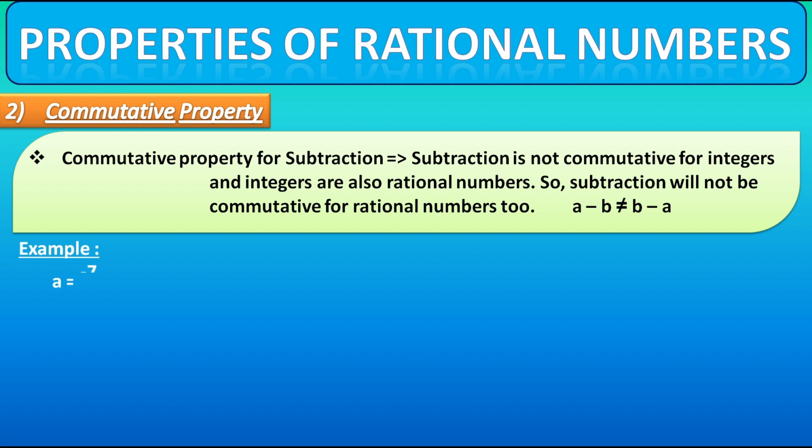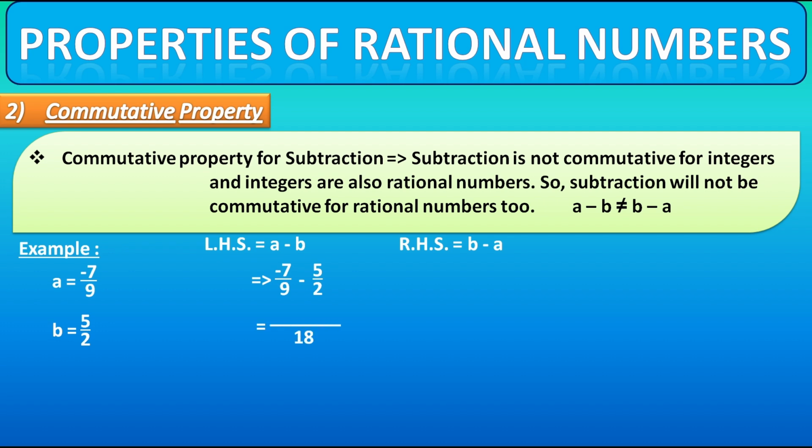Here the value of A is minus 7 upon 9 and B is 5 upon 2. First of all we will solve the LHS part, that is A minus B. So minus 7 upon 9 minus 5 upon 2. Now, as 9 and 2 are co-prime numbers, the denominator is 18.